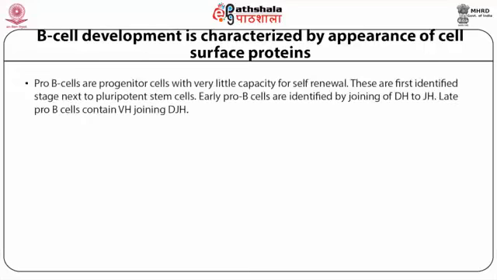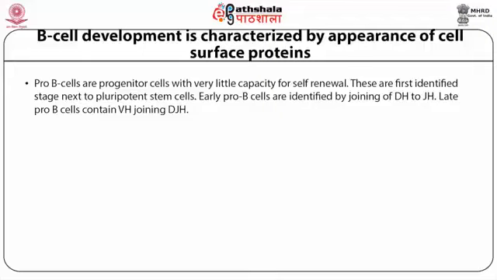Pro B cells are progenitor cells with very little capacity for self renewal. These are the first identified stage next to pluripotent stem cells. Early pro B cells are identified by joining of DH to JH. Late pro B cells contain VH joining DJH.